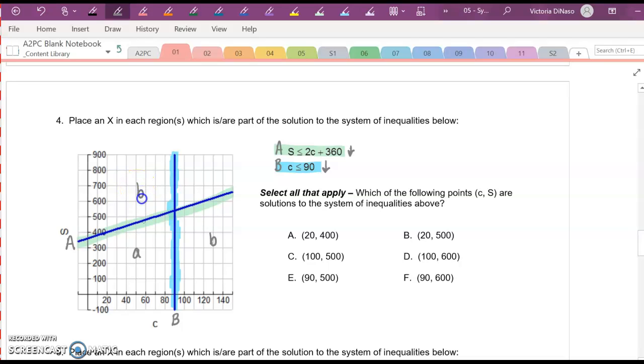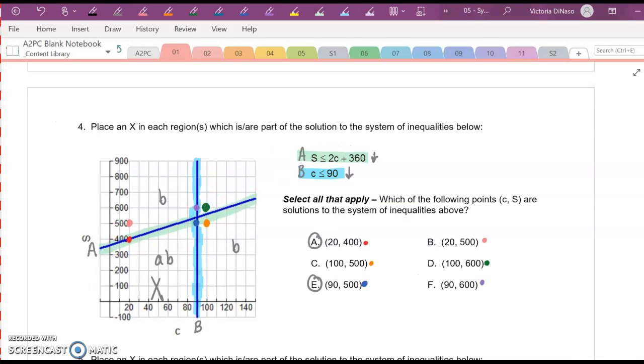So we are going to go ahead and put a B and a B. I'm going to put an X in this region, and now you have to figure out the solutions. For number 4, you'll go ahead and find out that the answers are A and E. If you take a look at where E is located, we have 90, 500. 90, 500 is right on my solid blue line that is line B.